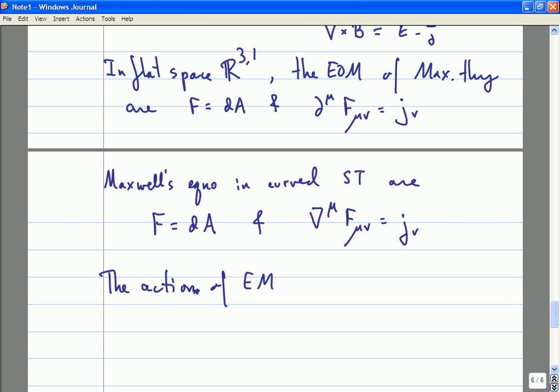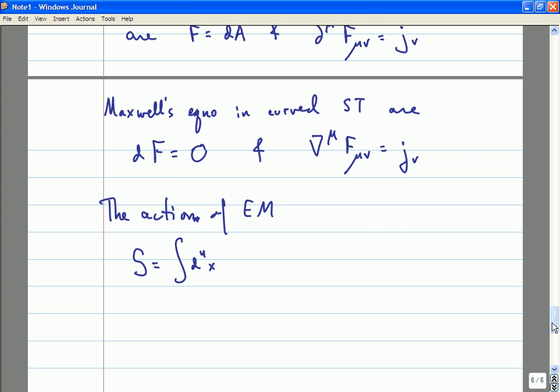So one thing that I would like to point out to you is that if we rewrite Maxwell's equations as dF equal to 0 and ∇_μ F^μν is equal to J^ν, then by construction those equations are invariant under the gauge transformations where A goes to A plus dλ. And in fact, you can see that there's only one action that you could write down which is consistent with this principle of gauge invariance.